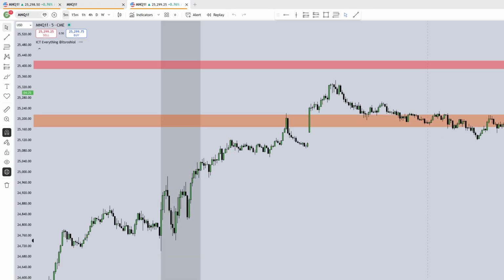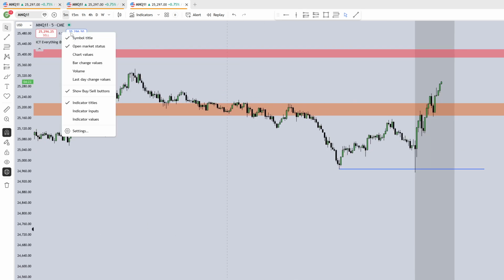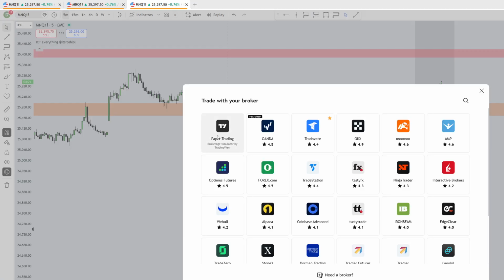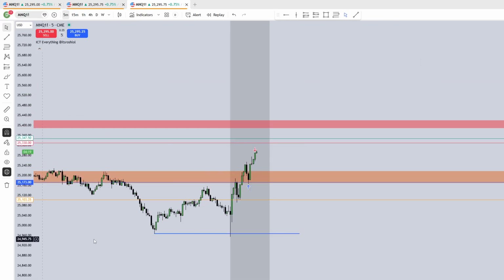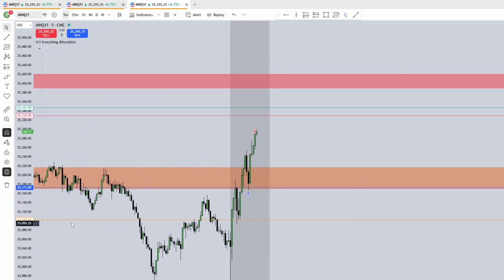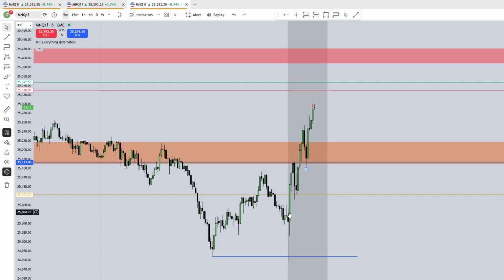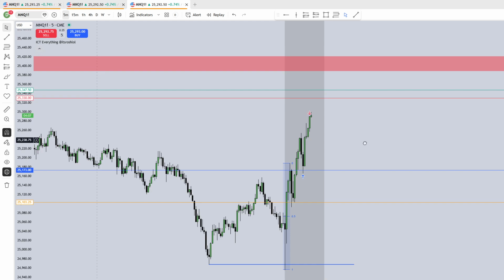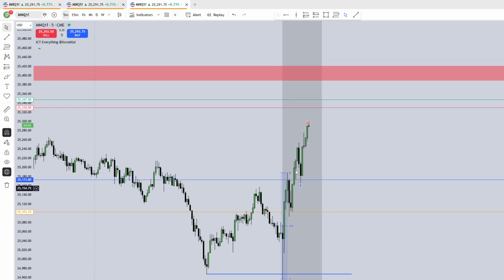I just use demo to practice. Perfect example. At 9:30, we sweep that low. We make a model long. Here, let me get rid of that hourly fair value gap. So this fair value gap's at 50%.